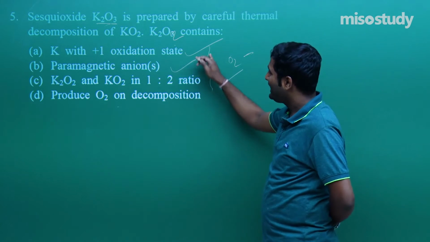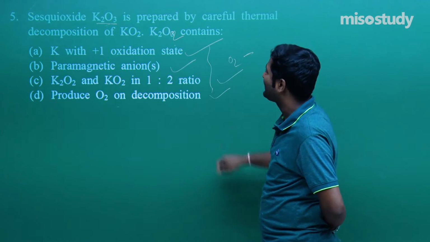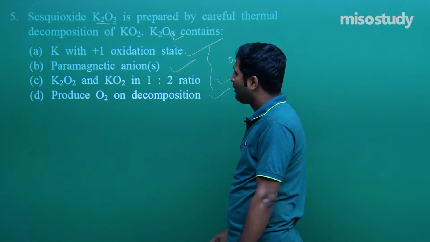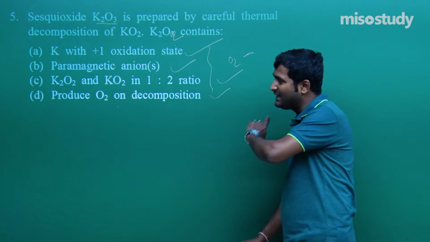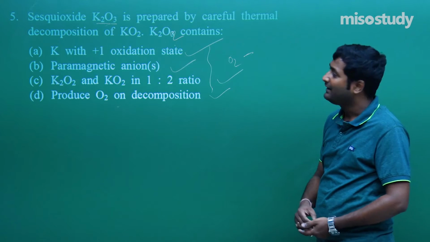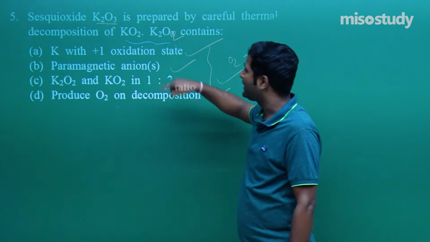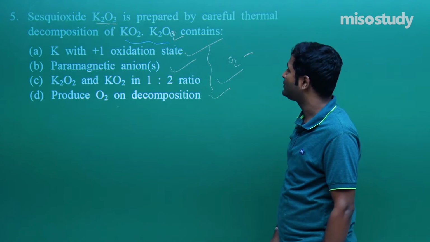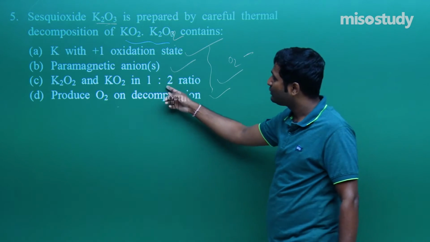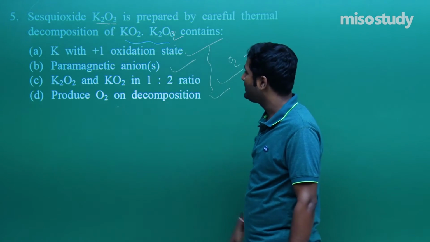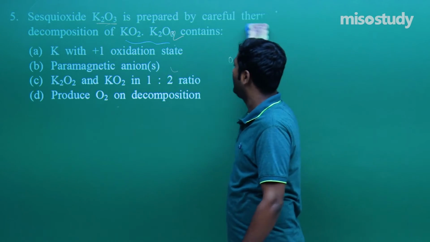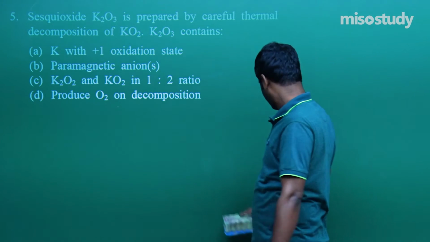So we can say A, B, C and D are all correct options. This is a multiple choice question, so for this question all options are correct: A, B, C and D. Clear? And this is the ratio of KO2 to K2O2, and it is in the ratio of 1:2. Clear? K2O2 is 1, so KO2 is 2, 1:2. Be careful and check it out. Now let's move to the next one.